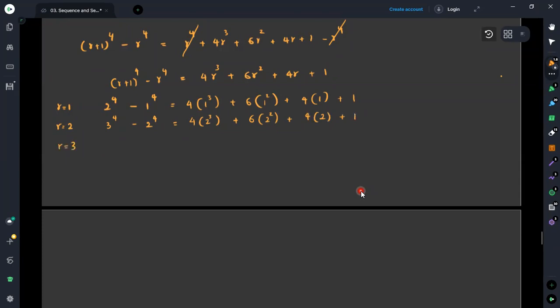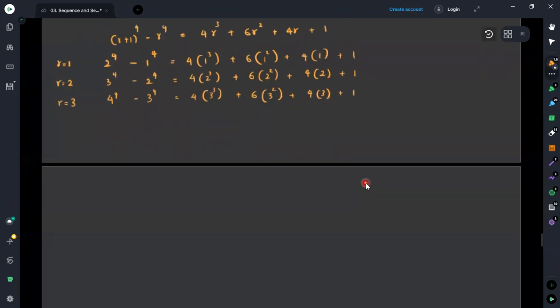For r equals 3, we get 4 to the power 4 minus 3 to the power 4 equals 4 times 3 cubed plus 6 times 3 squared plus 4 times 3 plus 1. In a similar manner, following the substitutions, we come to the substitution r equals n minus 1.